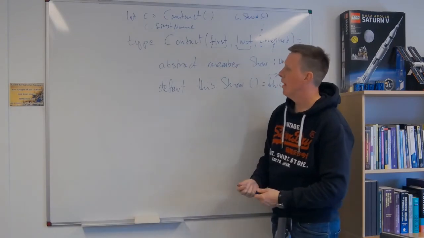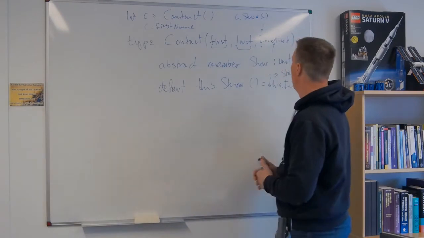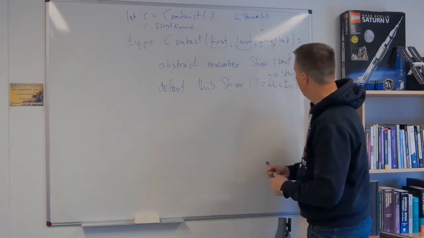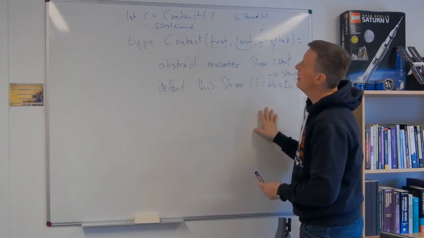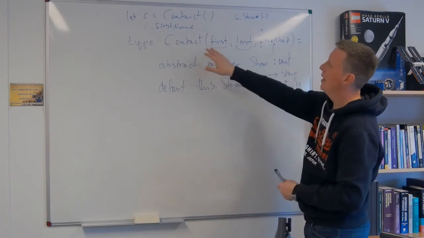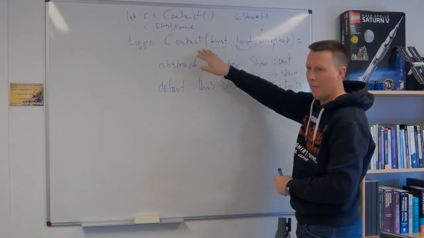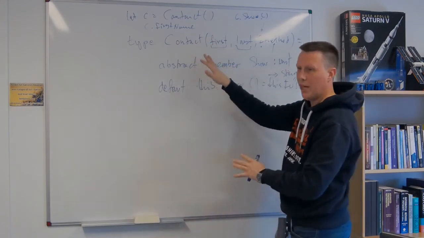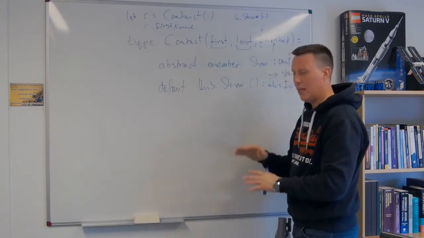And I'll show you how to override this in a second when we do inheritance. But actually, I have this class contact. Every class in this .NET world will inherit from a superclass called object. That's by default. There's nothing we can do about it. It's always there.